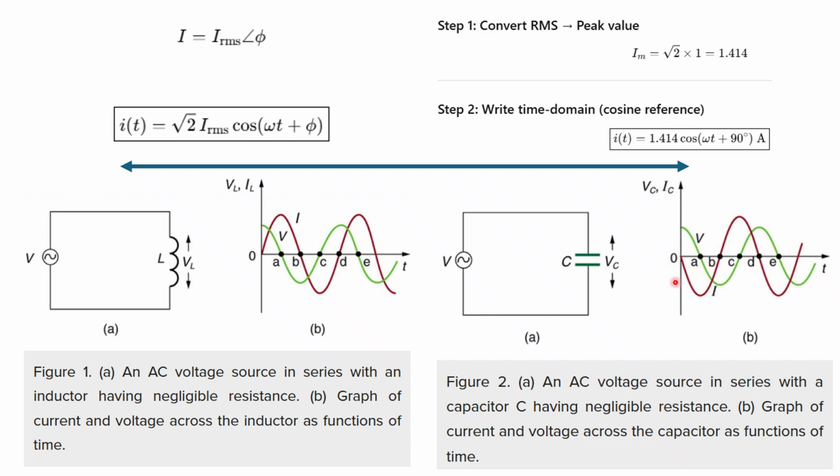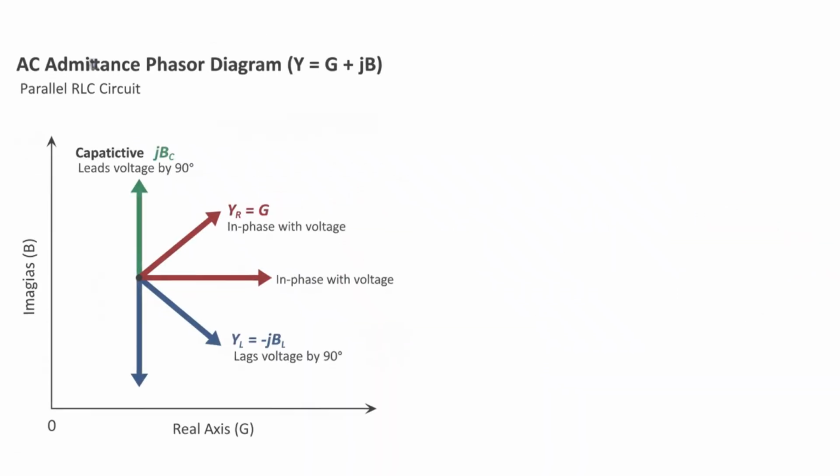There is again a 90-degree difference between the voltage and current. Here your voltage is lagging, and in this case it is leading, right? So this is the phasor diagram. This is just a concept. If you understand it conceptually, then it will be very easy to solve the questions.